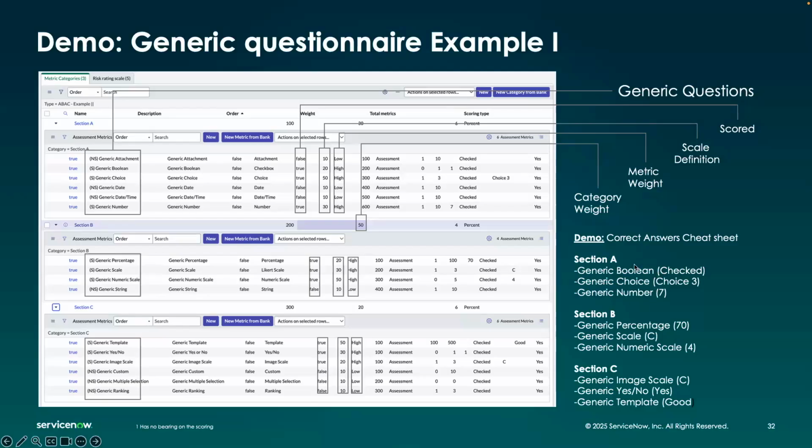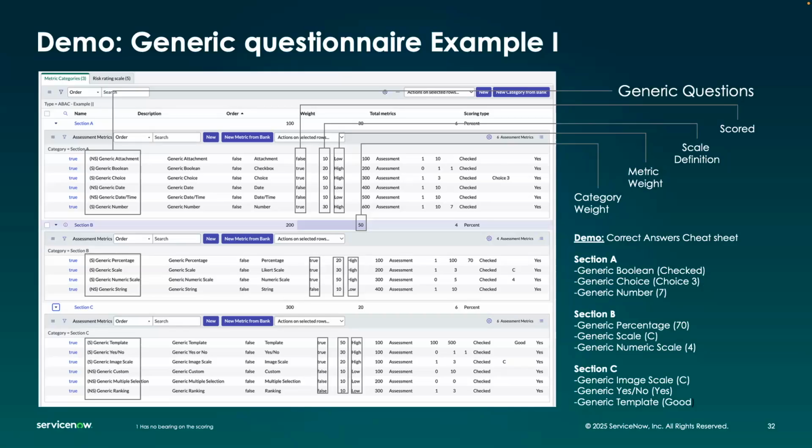Among those that are scoreable, I have captured what the correct answer for that question is. For example, I have a question by the title generic choice, and it has three choices, choice 1, 2, and 3. And if the assessor responds choice 3, then that is the correct answer. Choice 1 and 2 responses would be incorrect answers.